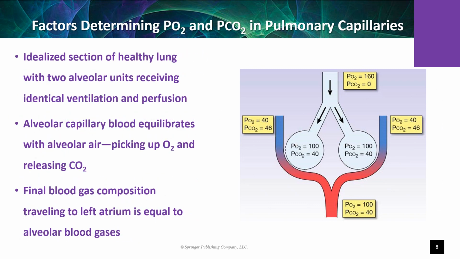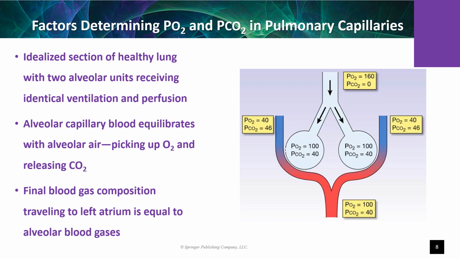The air entering the alveoli from the atmosphere continually replenishes the alveolar oxygenation and removes the carbon dioxide. Blood flowing through alveolar capillaries initially has essentially the same composition of oxygen and carbon dioxide as mixed systemic venous blood, but it equilibrates with alveolar air.